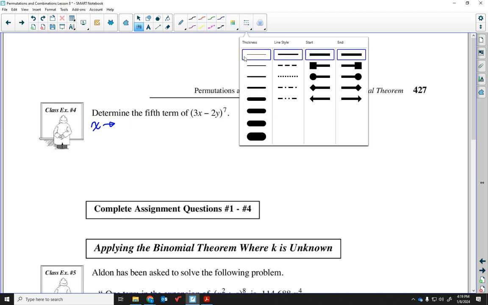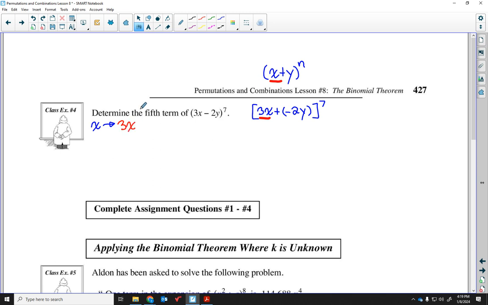And we'll just color code that, I guess. And here, it's not y, it's negative 2y. So y is going to get replaced with negative 2y. Again, the value of the exponent on the binomial is going to be the value of n. So we would have n is equal to 7.